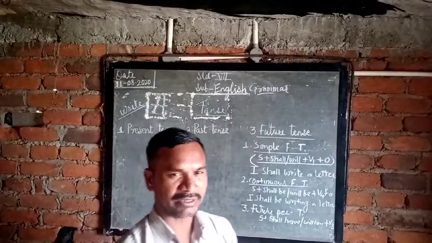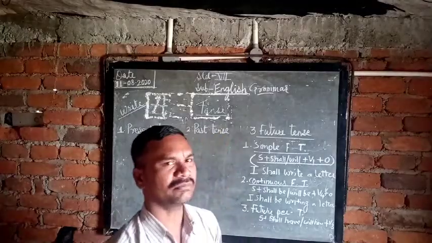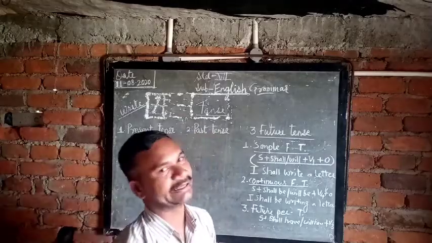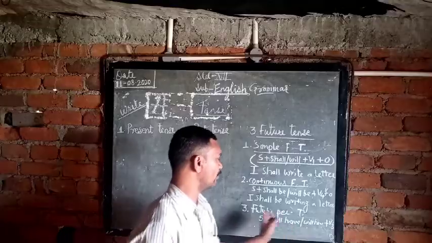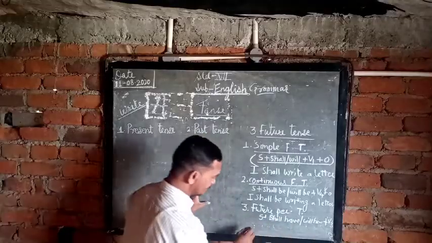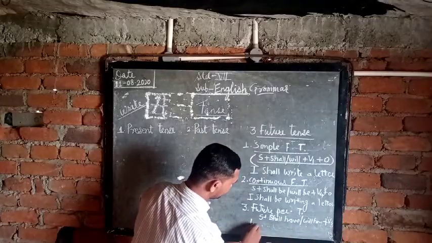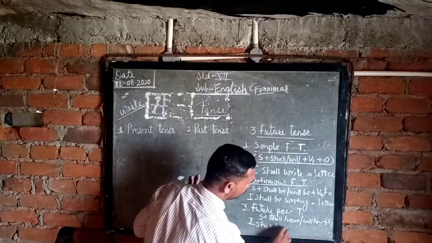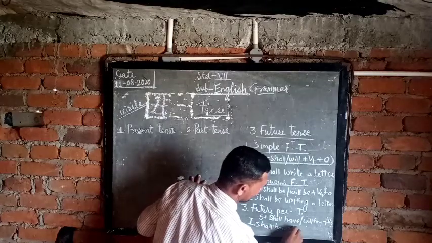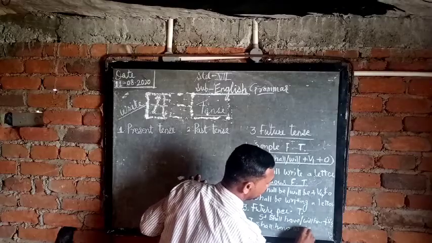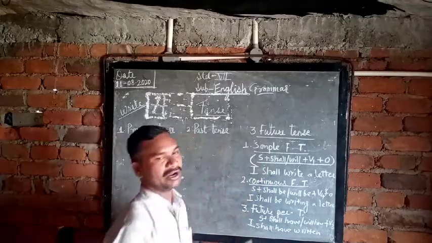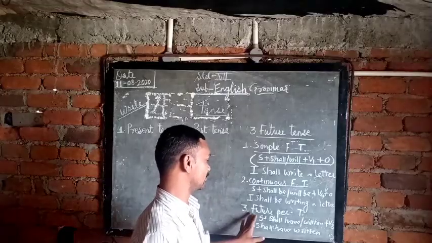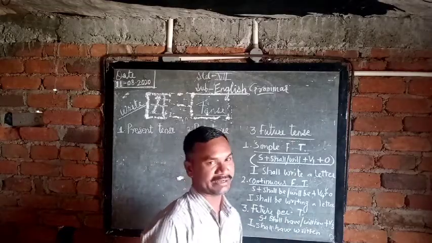So students, tell me the third form of write. Yes, written. Written is the third form of write. So this is the example: I shall have written a letter. This is the third subtype, future perfect tense.